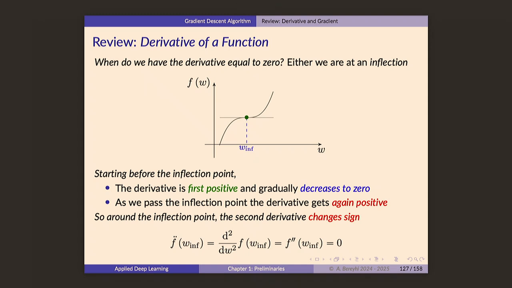So probably this was the idea you had when you were in high school. So if they give you a function, tell you find the extreme points of this function, you just take the derivative, check the points where this derivative is 0, and for each of them you check the value of the second derivative, right? And this is going to tell you whether it is a minimum or maximum or inflection point. Clear?